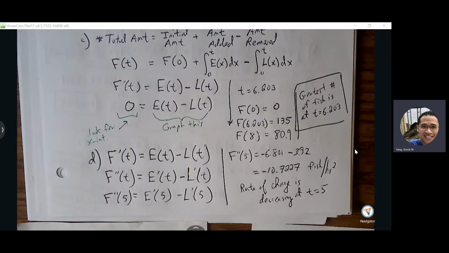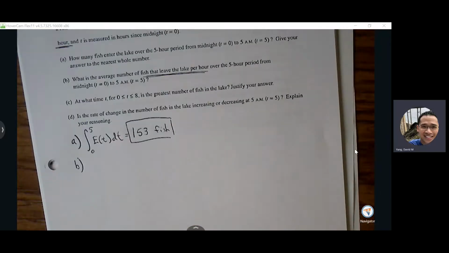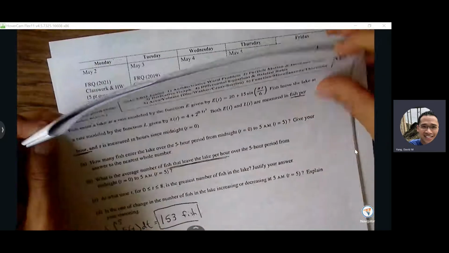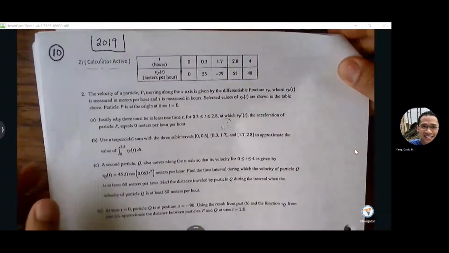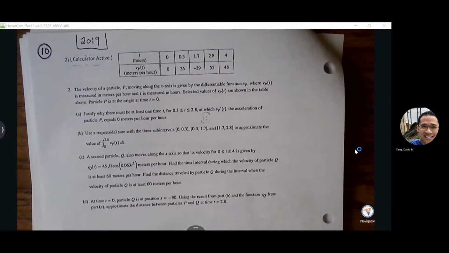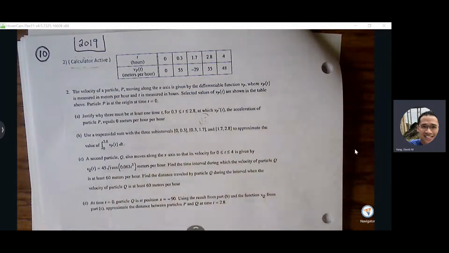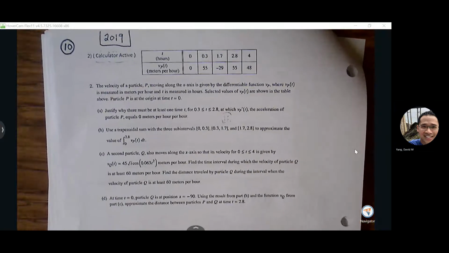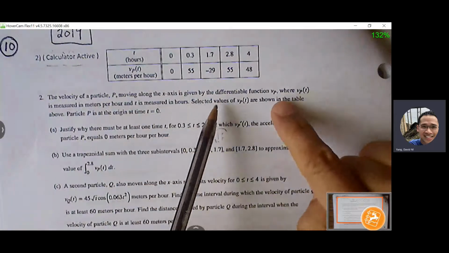Okay, let's go to number 2. Page 10. Okay, velocity of particle P is moving along the x-axis as given by a differentiable function.